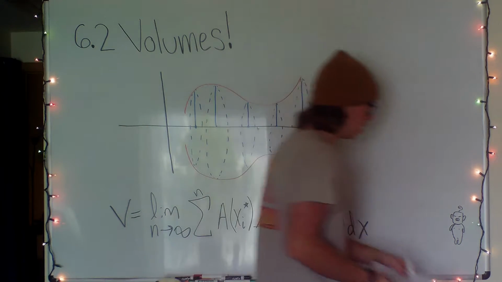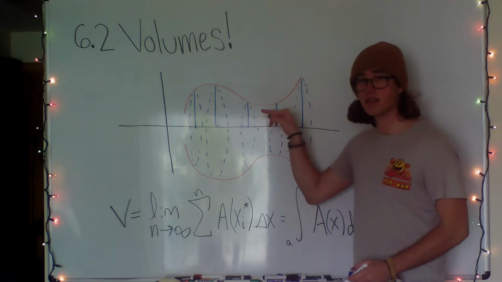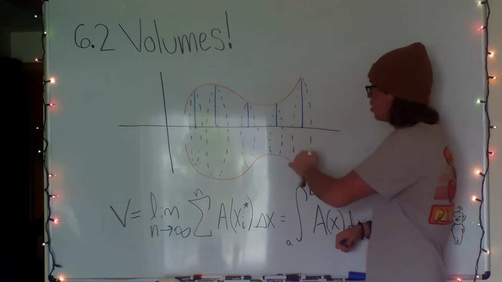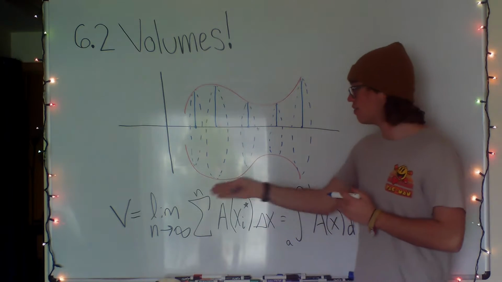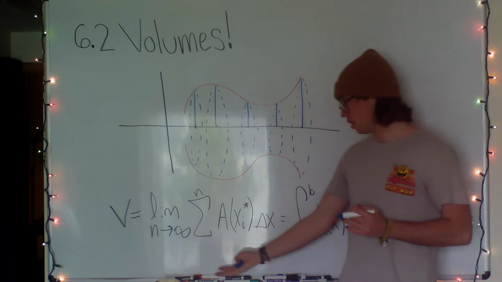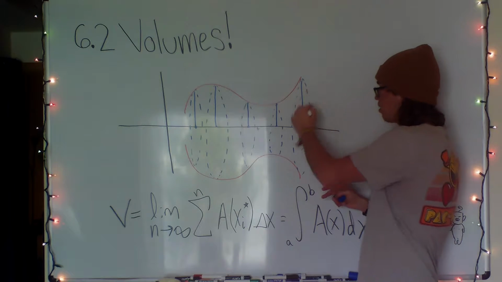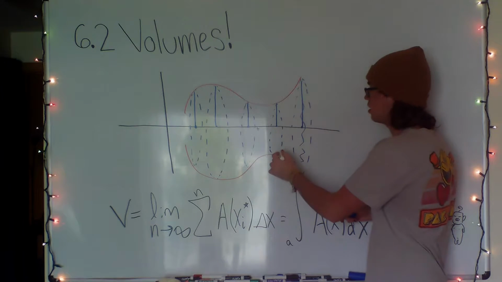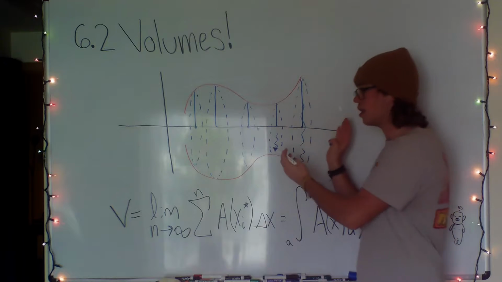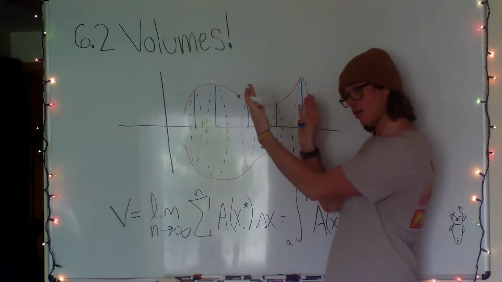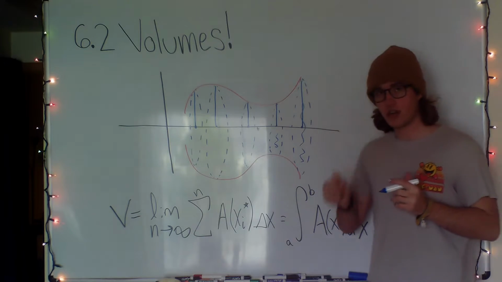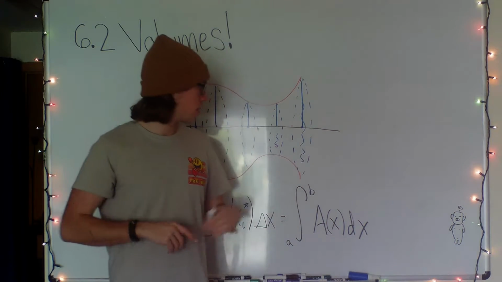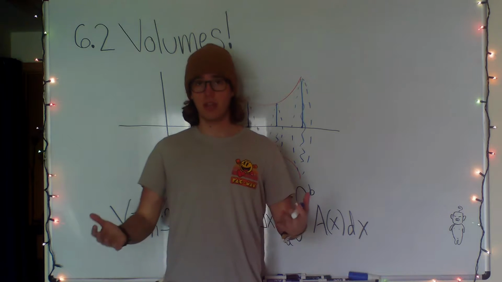Well, all this is saying is we're basically taking this shape and cutting it into little tiny cross sections, an infinite amount of them, if you will, and that would be the area of this circle. The area of this circle, right? And we add up all those areas back to back to back to back, and that'll give us the volume of our shape. So, that is what we're going to be doing for this video.